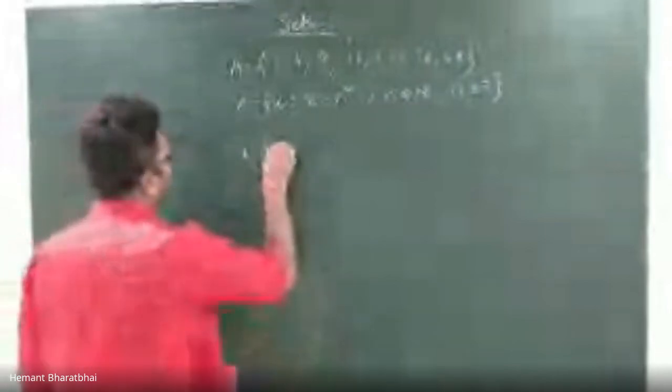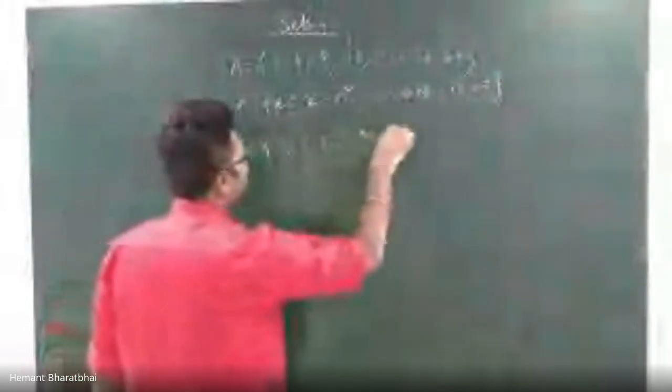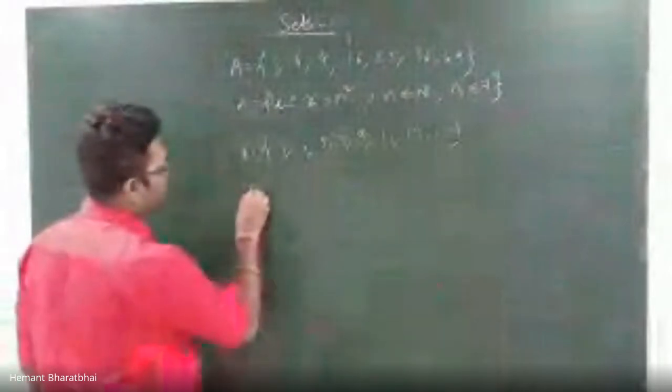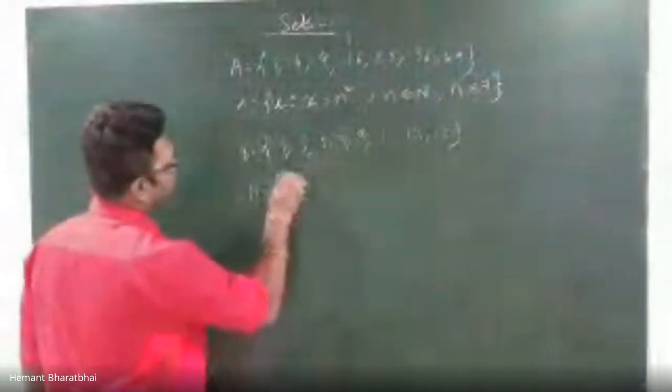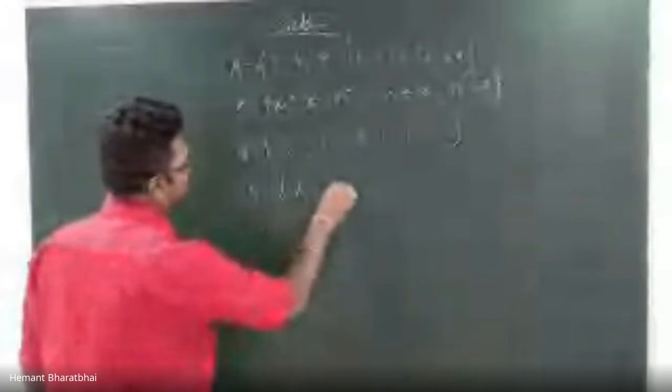Let me see one more. I have 1, 3, 5, 7, 9, 11, 13, 15. Now you have to write the same thing in the set builder form. I said you have to see a pattern. Again, B is a set of x such that x is equal to.